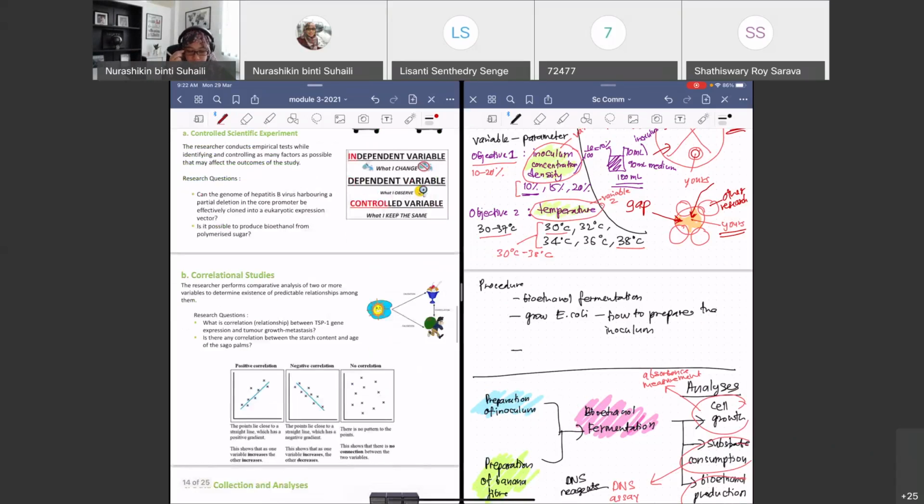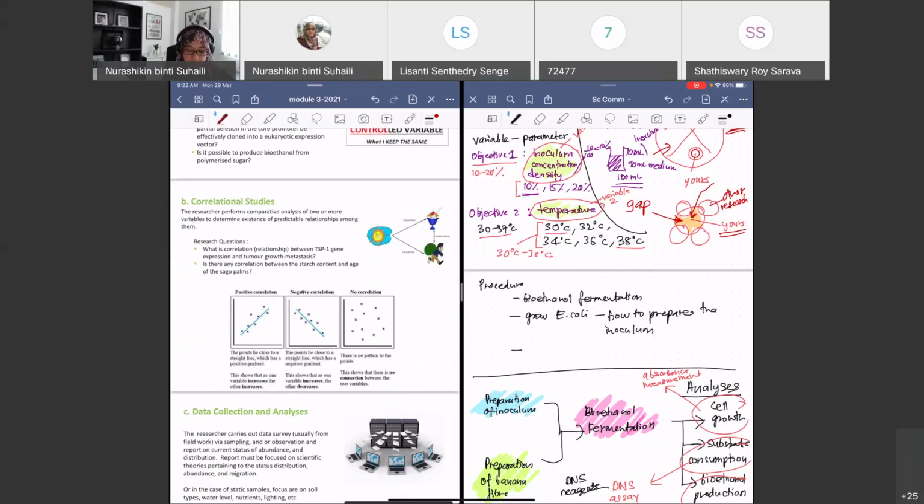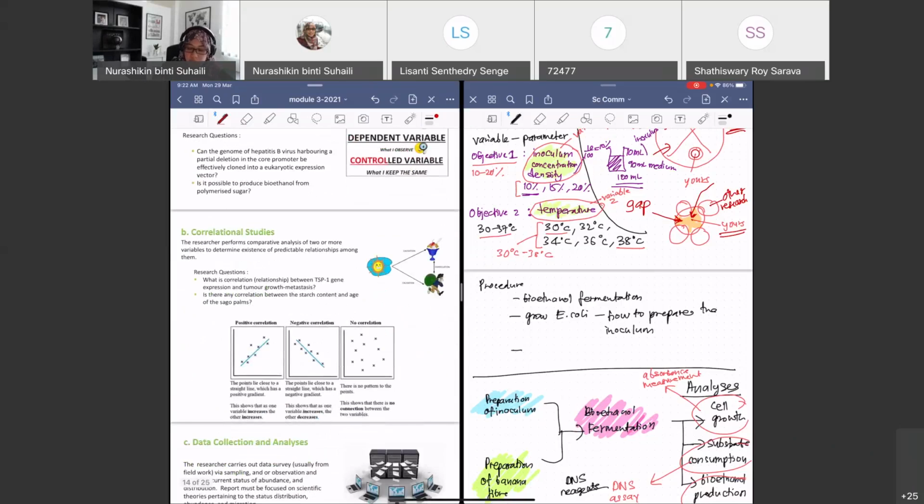The second type is correlational studies. What is meant by correlational studies? In the controlled scientific experiment, you control one thing at a time. Maybe you want to study inoculum concentration density and see what happens to the bioethanol fermentation. In correlational studies, the difference is that you study two factors, like inoculum concentration density and temperature. What is the effect of variable 1 on variable 2?